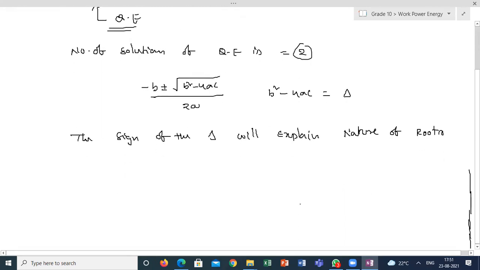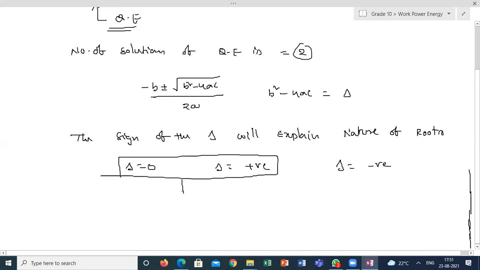In any situation, whether delta is equal to 0, positive, or negative, the roots exist here. If delta is equal to 0 or positive, the roots are real. If delta is negative, the roots are complex and conjugate to each other.